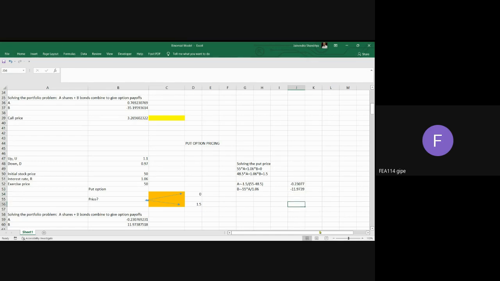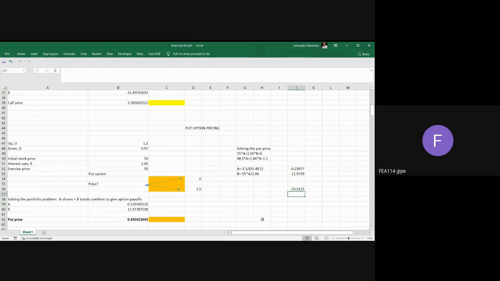Yes. So now coming back to the calculation of the put: S equals 50 into this one plus this bond. Why is this formula getting wrong? So actually this is wrong. This is positive.